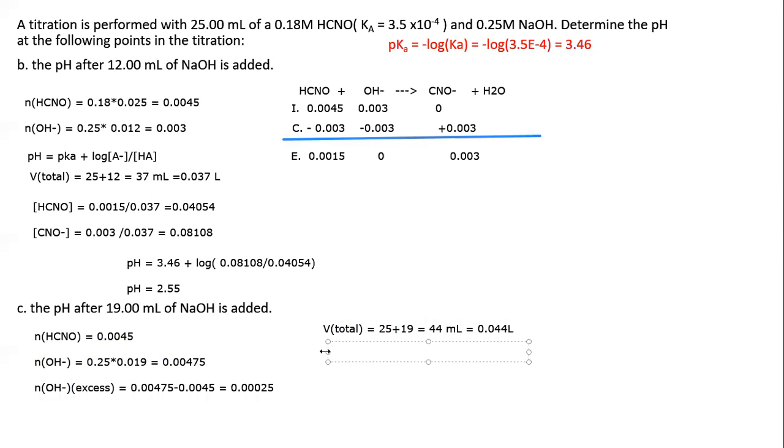Now we can calculate the concentration of hydroxide. Now that we have the concentration of hydroxide, we can calculate the pOH. We get 2.25, and then we can calculate the pH.